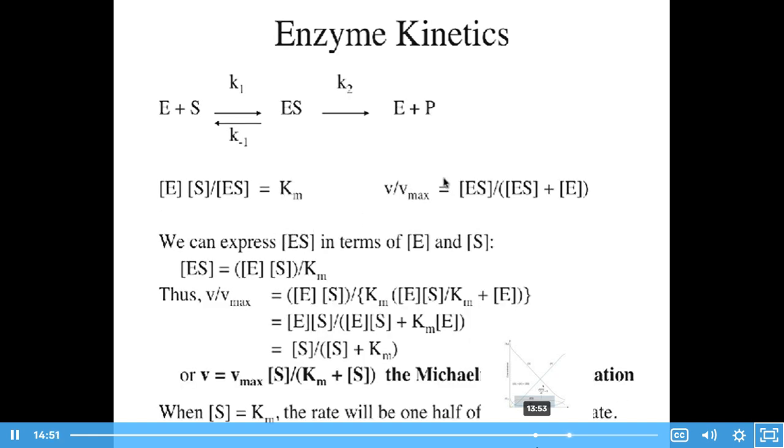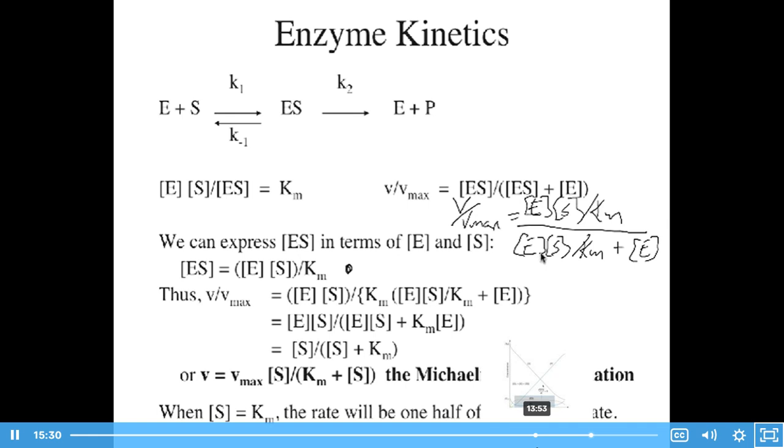All right, we have now determined that ES equals E times S over Km, just rewriting this here. So V over Vmax is ES over ES plus E, so E times S over Km over that, again E times S over Km, plus E. Hopefully you realize the E's are going to cancel out now.